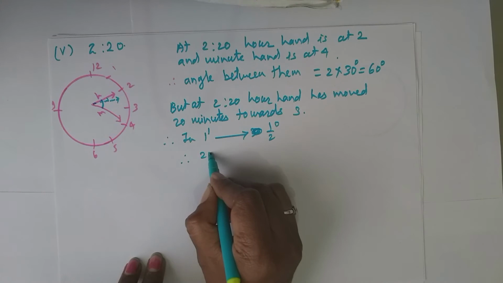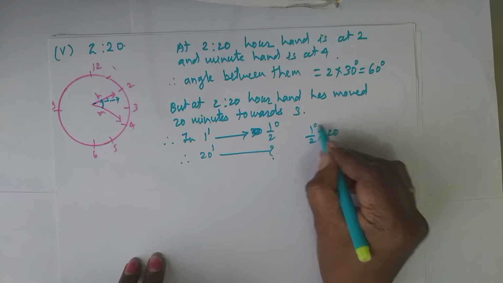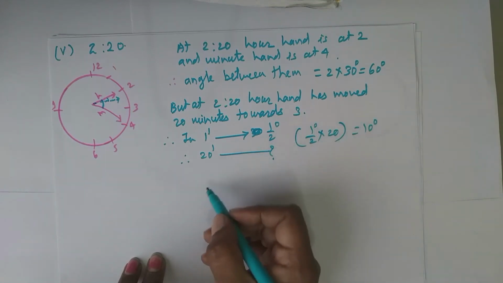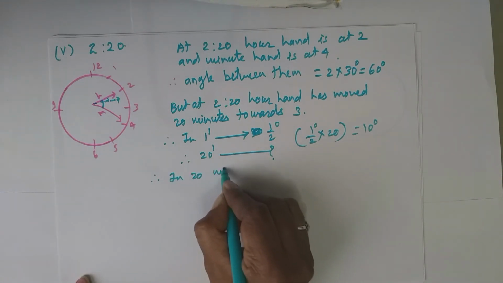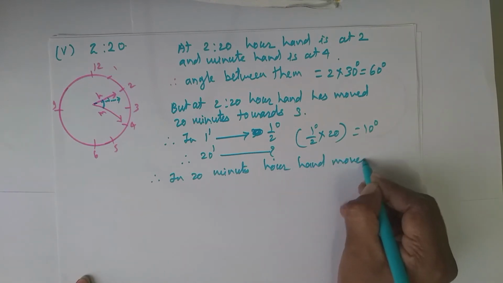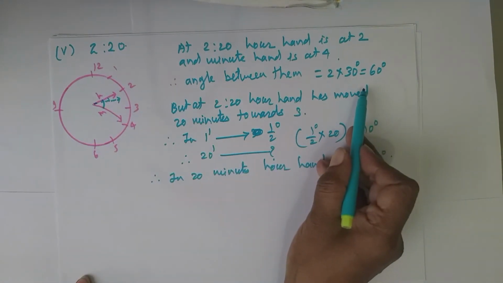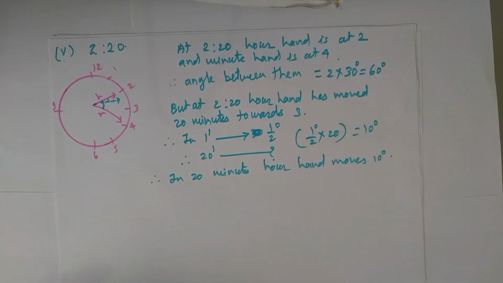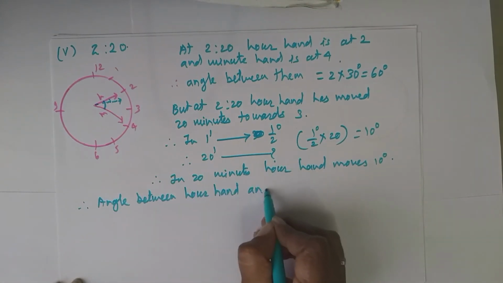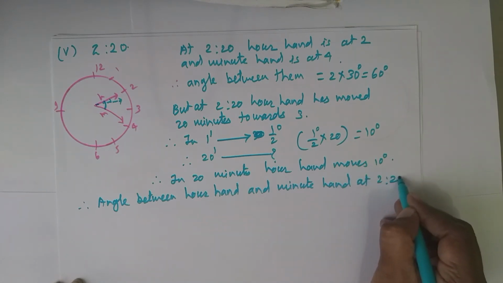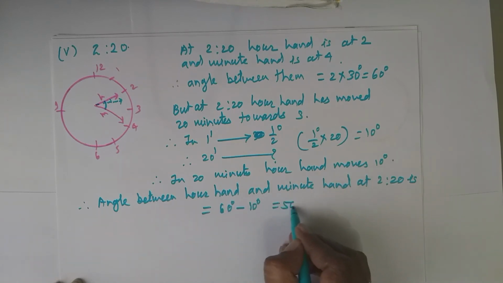Therefore, in 20 minutes, you multiply 20 by half and get 10 degrees. I have to subtract this 10 degrees from 60 degrees. Therefore, the angle between the hour hand and minute hand at 2:20 is 60 minus 10, that is 50 degrees.